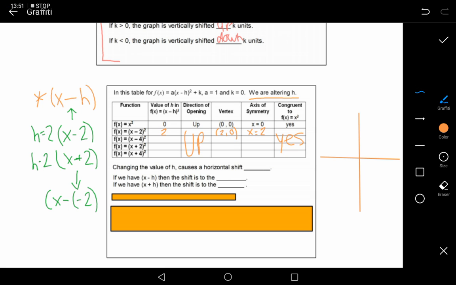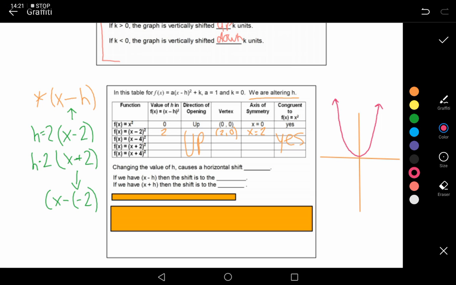Now let me pause and draw you a little graph again. So our original graph looks something like this, as we know. And this time we are dealing with h. So if we look at this first one, x minus 2 squared, it's telling us that when our h value is 2, our vertex is going to change to 2, 0.